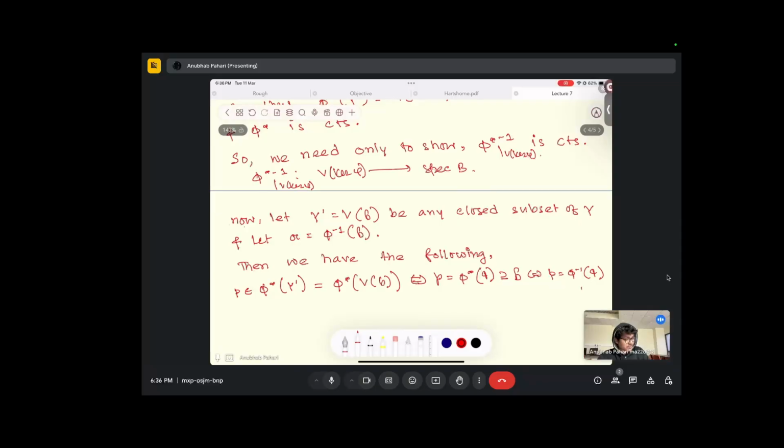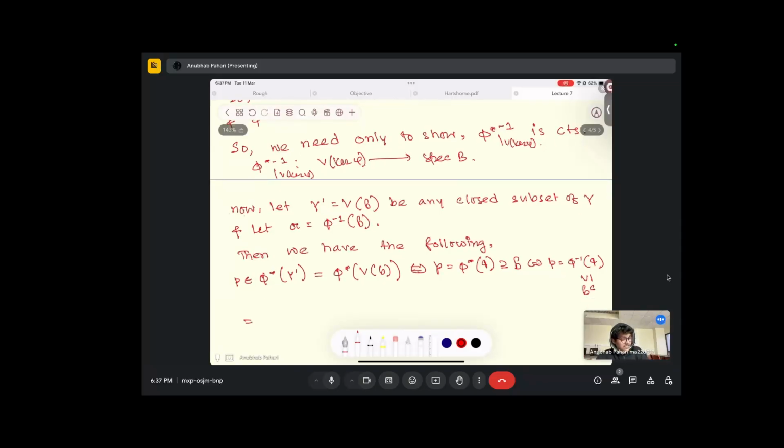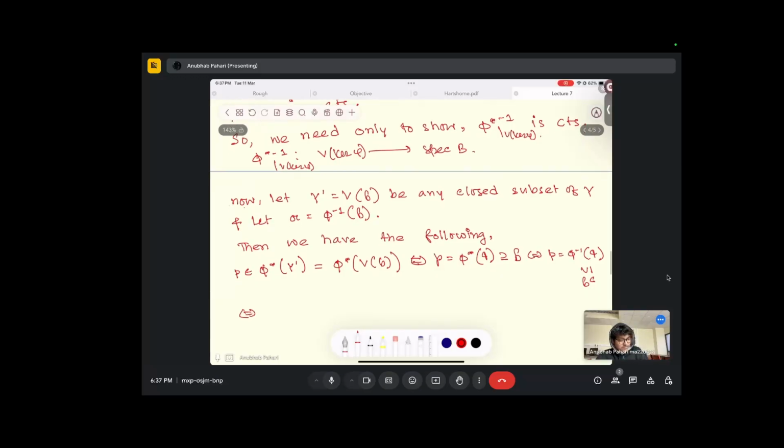Again this contains bc, and this is equivalent to p belongs to V of bc.